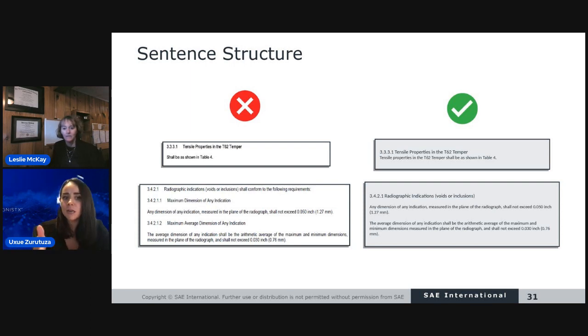For a similar reason, requirements should not go in section titles, as we can see in the example below. They should go in the paragraph so that we can identify them correctly, split them, and have them stored in a database correctly.